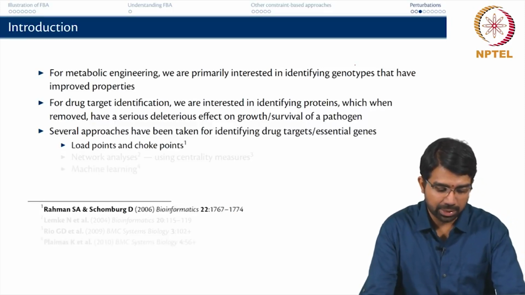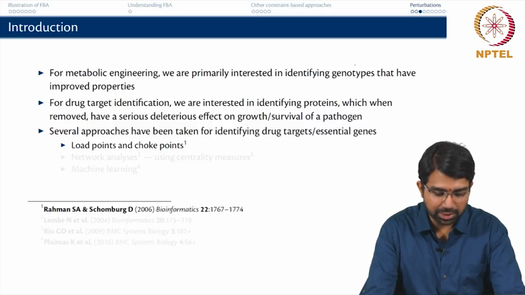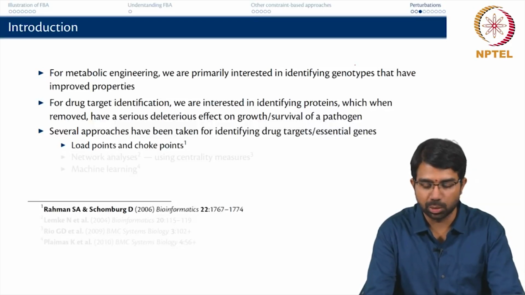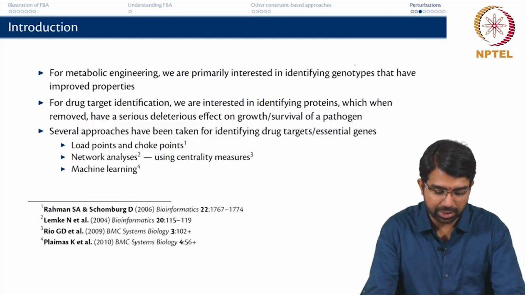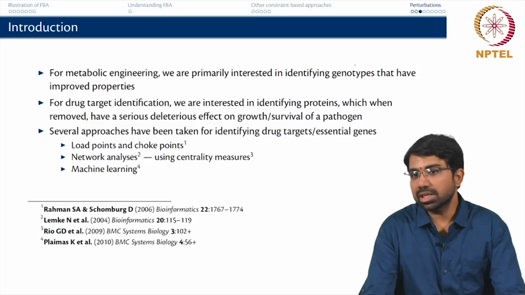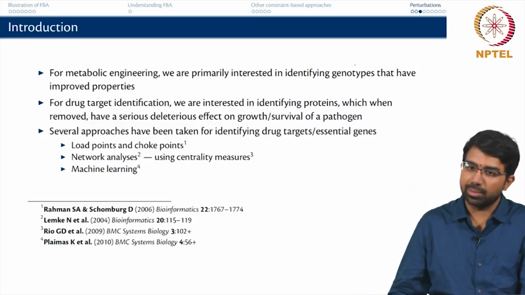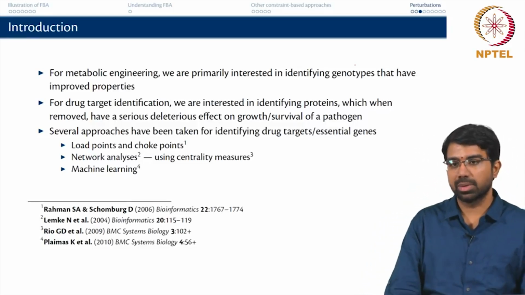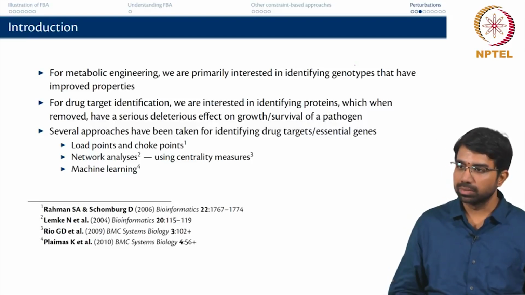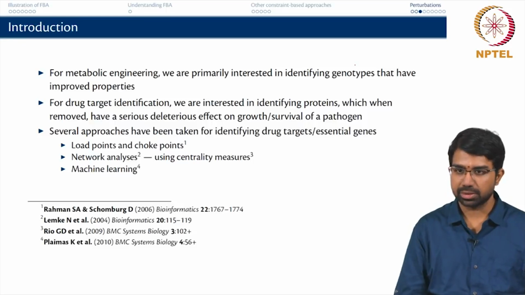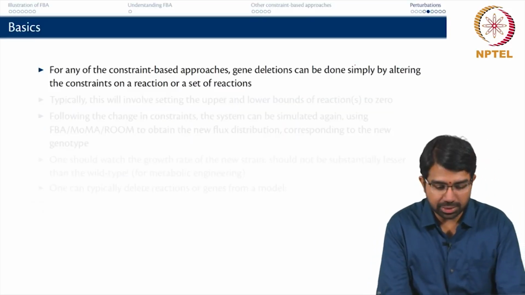There are some basic network topology measures which look at load points and choke points, and centrality measures, and machine learning, but the most reliable methods involve flux balance analysis, because when you have a good model, it can give you very robust predictions.